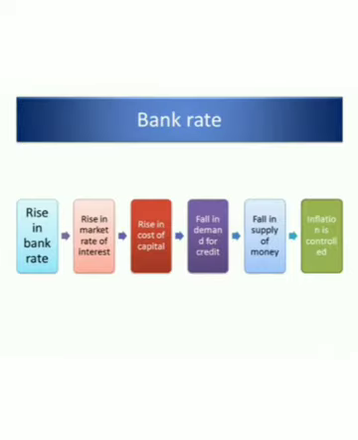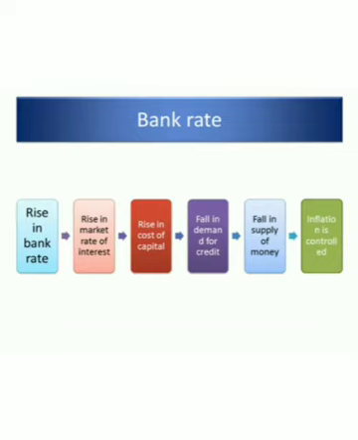So when the bank rate is increased, there is a rise in the market rate of interest. Whenever the central bank increases the bank rate, commercial banks also increase their market rate of interest, and this will increase the cost of capital also. Due to the increase in the cost of capital, credit will be less demanded, and there will be a fall in the supply of money, which will reduce or control inflation in the economy.